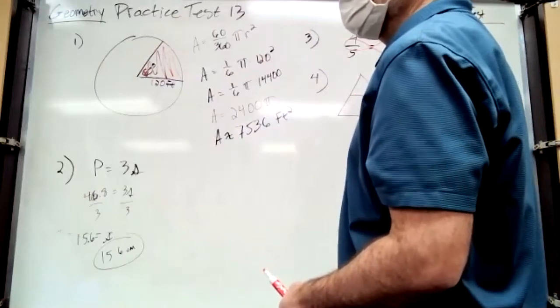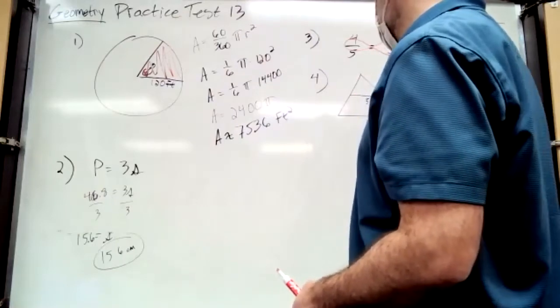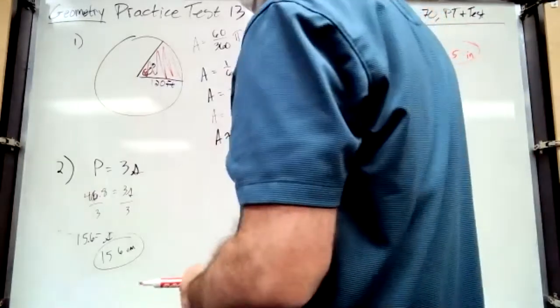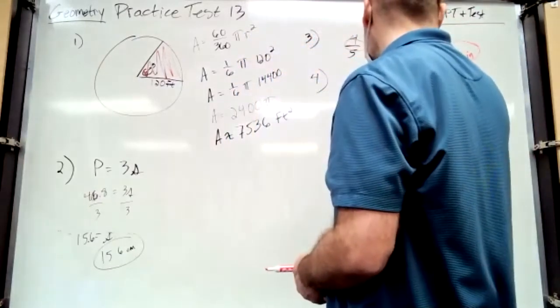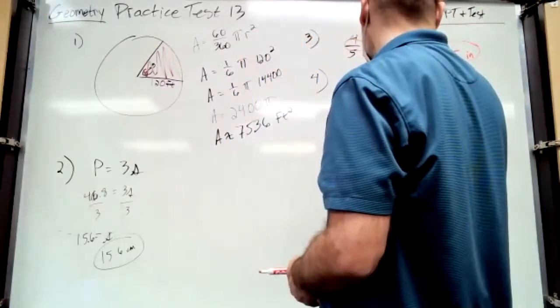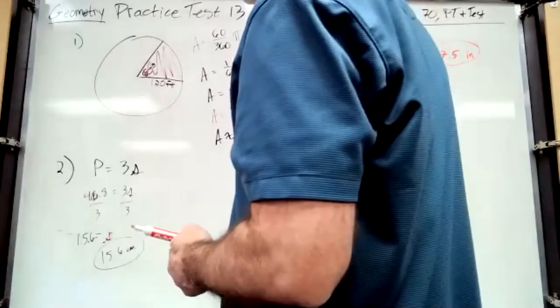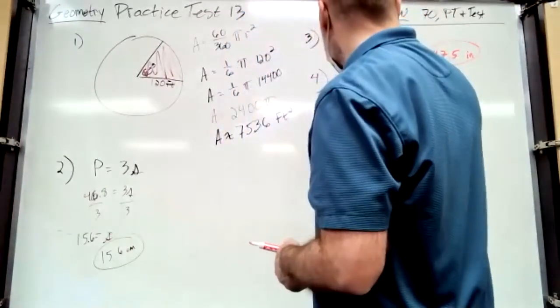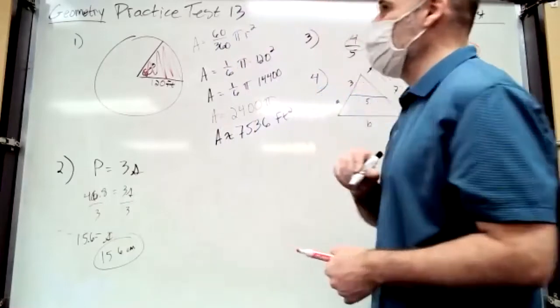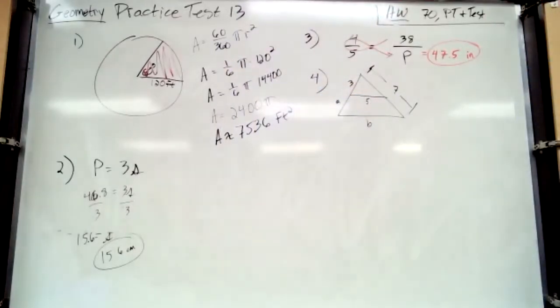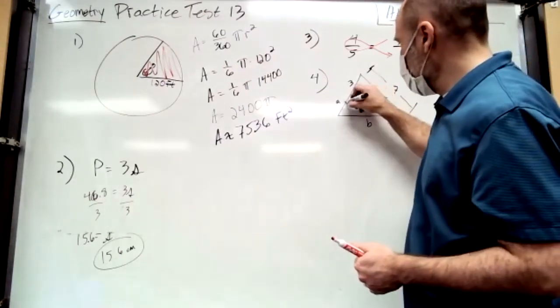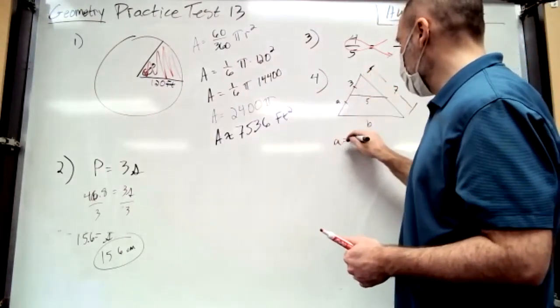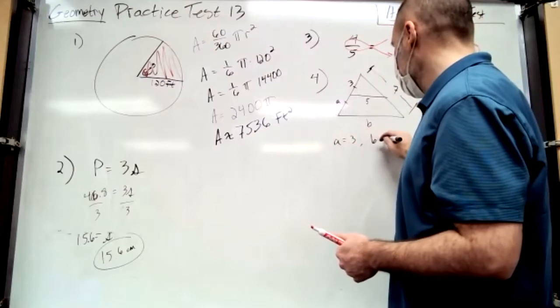So if that's 5, that's B. This whole thing is going to be 7 from here to here, and this is going to be 3 and A. Well, what's A, first of all? 3. So A is going to be 3 because these have to be the same, right? So A equals 3. So what's B equal?